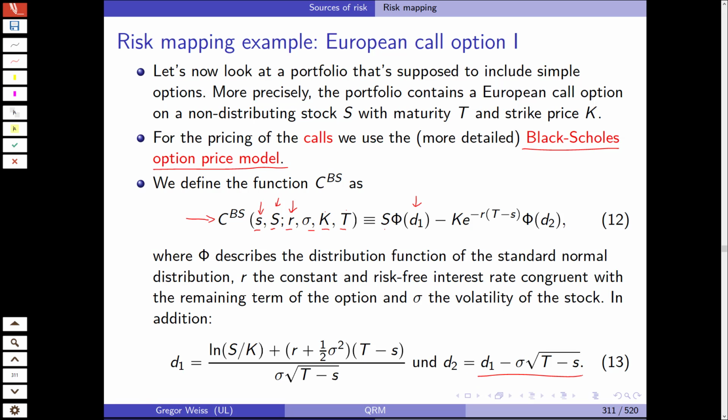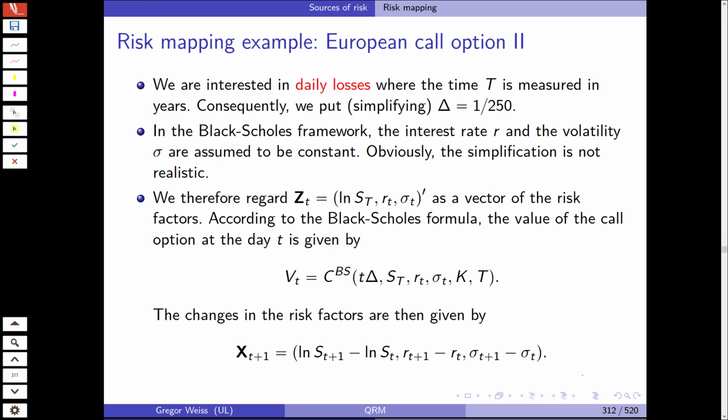You don't know, and you don't need to know about these formulas in detail, even if you're not familiar with the Black-Scholes model. Simply accept the fact that this is an arbitrage-free, theoretical price for such a call option. Now, we are interested in daily losses where the time t is measured in years.